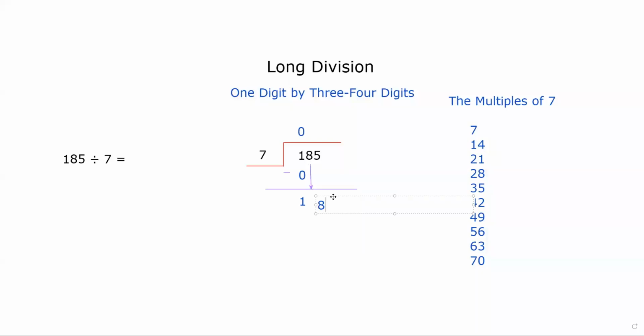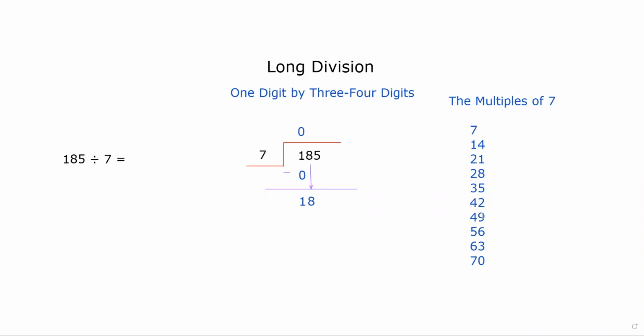Now, the question is, do we have 18 in table of 7? No. Now, 18 is greater than 7, obviously. So what I do in this case, I look for the closest number that is less than 18 and the nearest one to it.